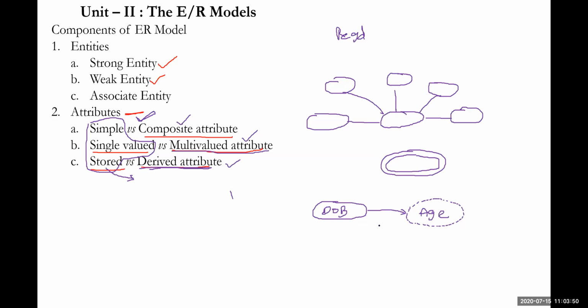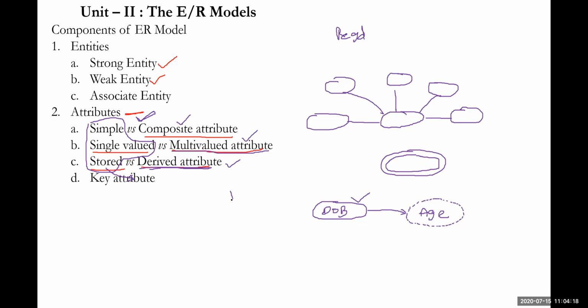Remember, age does not exist in our table. So how could you get the age? Based on some formula operated on date of birth, you get the age. So it is the derived attribute, and date of birth is the stored attribute here. Hope that you got an idea regarding composite, multi-valued, and derived attributes.